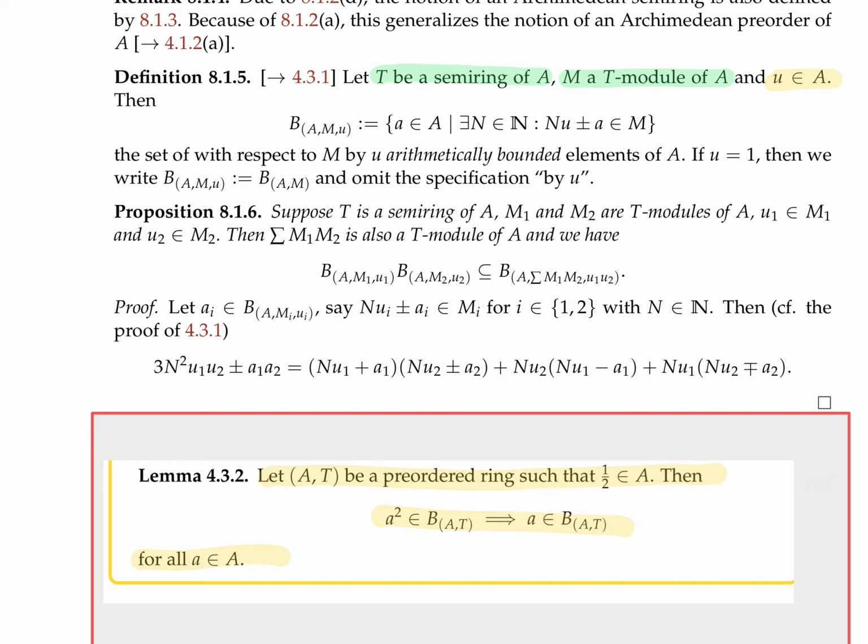So I have these two ai's for i in 1 or 2. So when we have n ui plus and minus ai both in mi, for i equal 1 or 2, a priori that would mean that there is an n1 and an n2, right? But I can take the maximum.